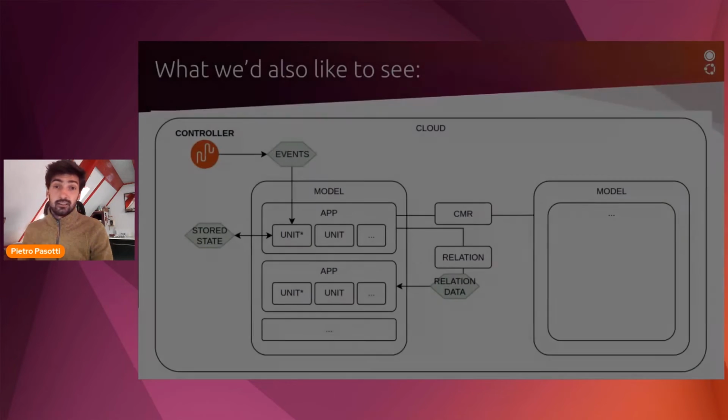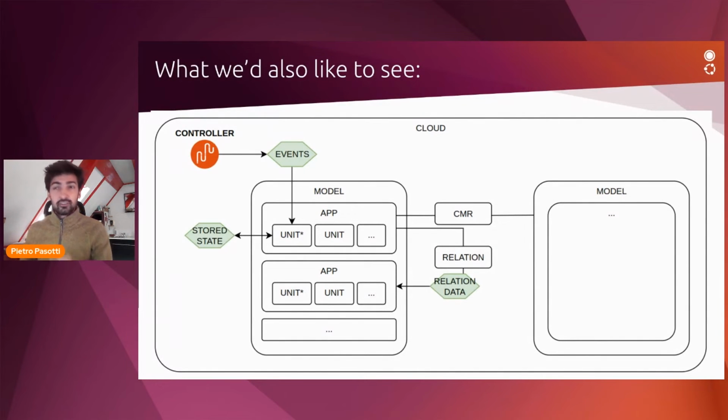When we are developing a charm, however, there are other parts of the world which are more difficult to inspect by using the native Juju tooling. That's where I invested some effort into bringing that more to a visible area. What we would like to see in particular when we're developing a charm, when we're debugging it, is what events a unit is receiving, what the relation data is.